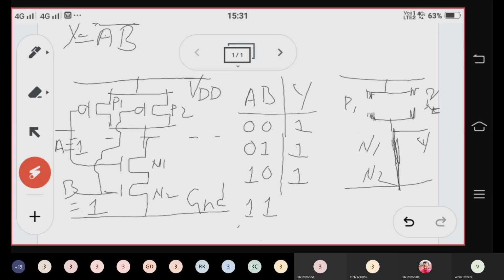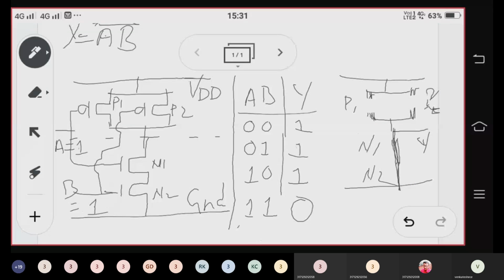Both PMOS transistors are off, so there is no path between VDD and output, but both NMOS transistors are on, so there is a path between output and ground. So now the output value becomes 0 or 1? 0, sir. So now the output is equal to 0.